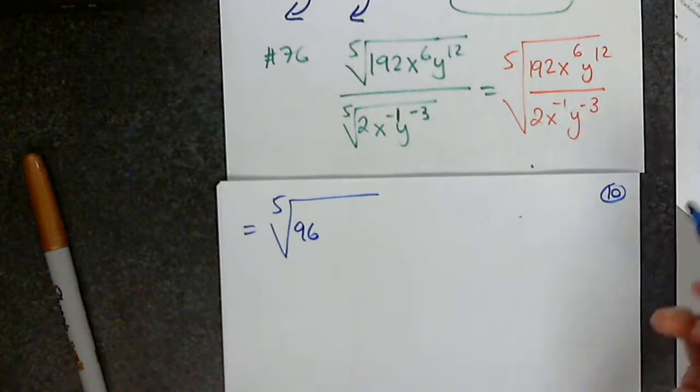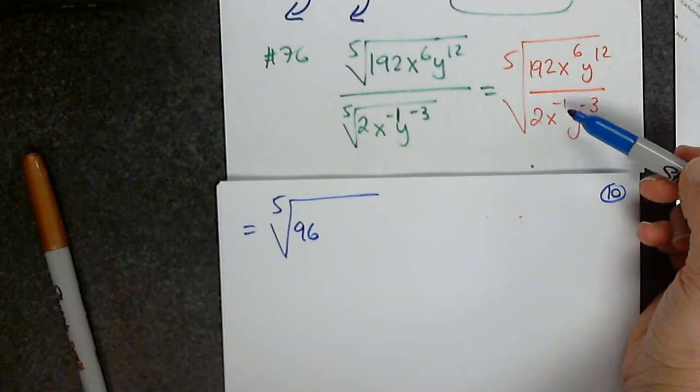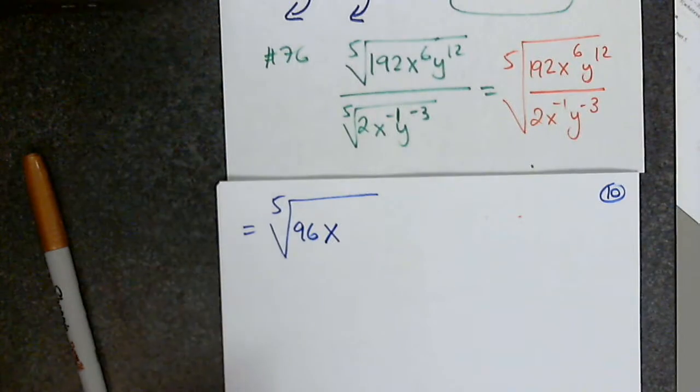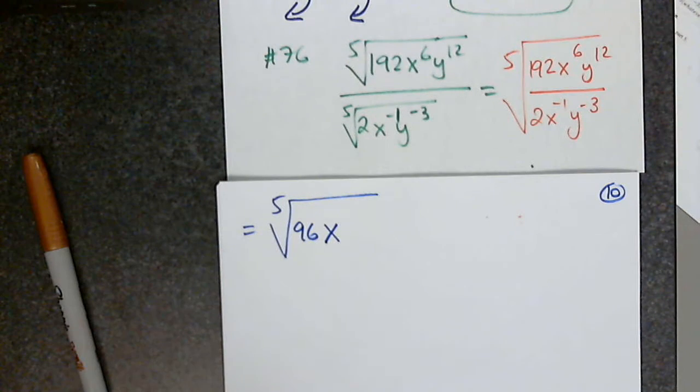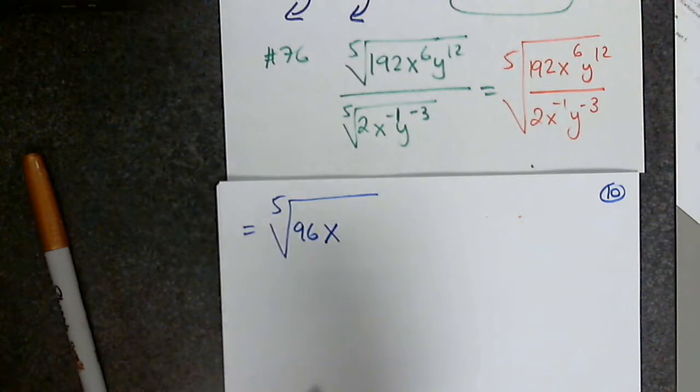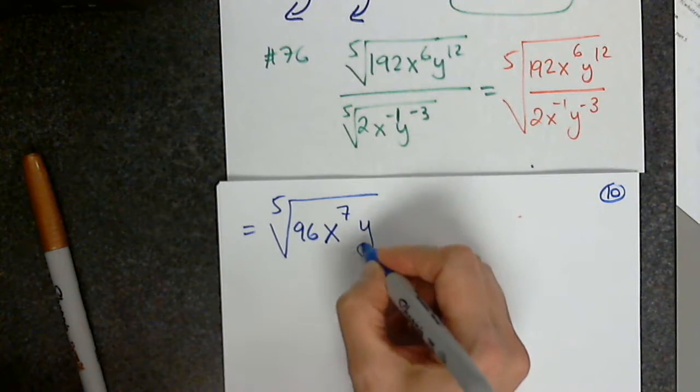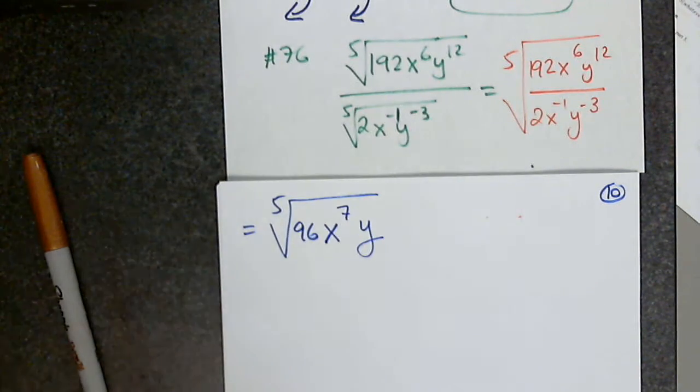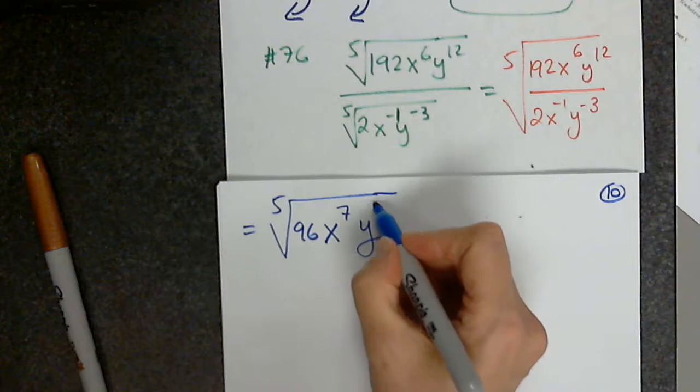96 indeed. X to the 6 divided by x to negative 1, I copy the base. What happens with the exponents? Okay. From 6, I subtract negative 1. What do I get? 7. I copy the base. From 12, I subtract negative 3. 15.